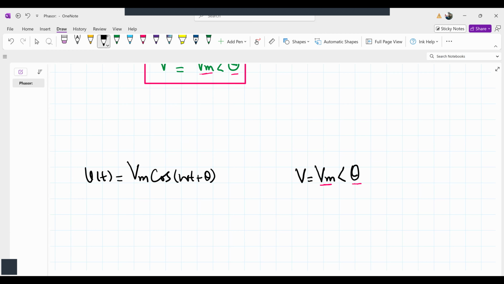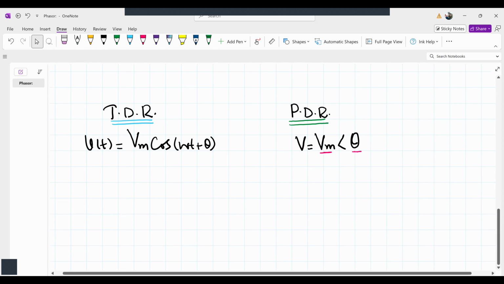So if we have to convert the time domain representation of a sinusoid to the frequency domain, how do we do that? The phasor domain representation, or frequency domain, is simply given as Vm at an angle of theta. Later we'll see the phasor domain is also referred to as the frequency domain. So the phasor representation of Vm cos omega t plus theta is simply Vm at an angle of theta, which is a complex number actually. Okay.